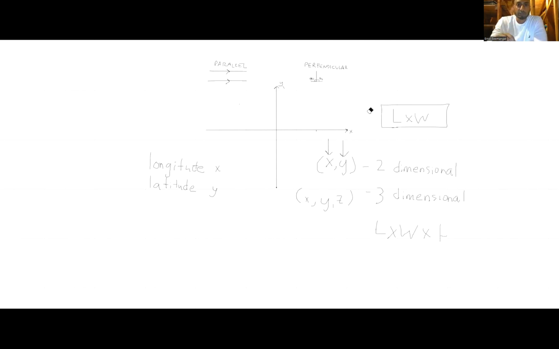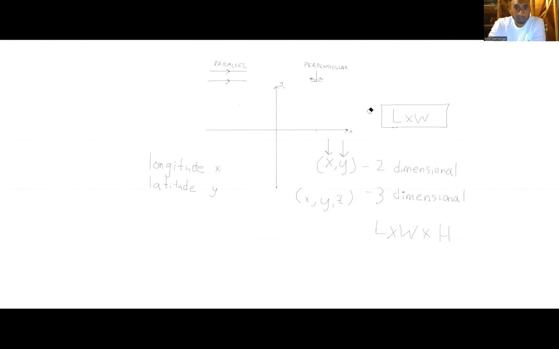So two-dimensional, X and Y. Three-dimensional, X, Y, Z. Do we have four-dimensional? No, we don't have four-dimensional. Just two-dimensional, 2D and 3D. So what you're studying in class now is two-dimensional, X and Y. When you get older and you go to university, you'll study three-dimensional.